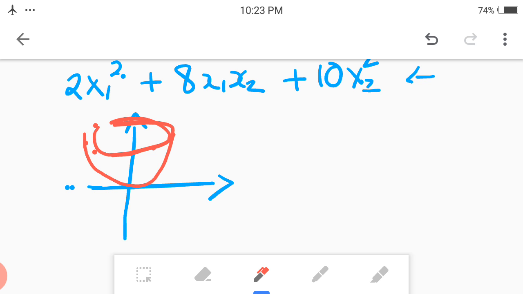Because you can observe, let us take x1 as 1 and x2 as -1. If you substitute and solve, what do you get? 2 minus 8 plus 10.